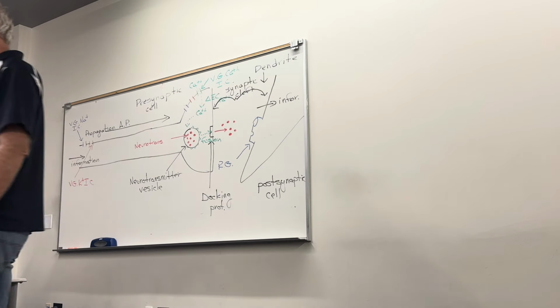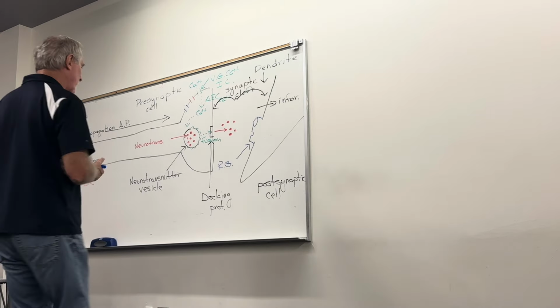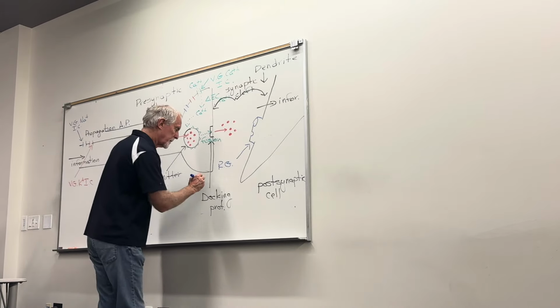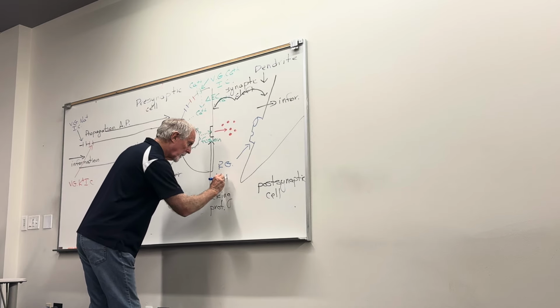That's opposed to VG, voltage gated. So when we think about ion channels, they can be gated either through voltage changes or through binding ligands. And here we have a receptor gated ion channel, except I'm going to call this a receptor gated sodium ion channel.